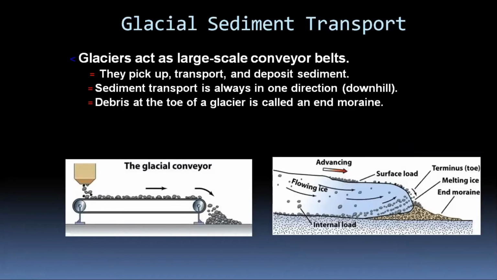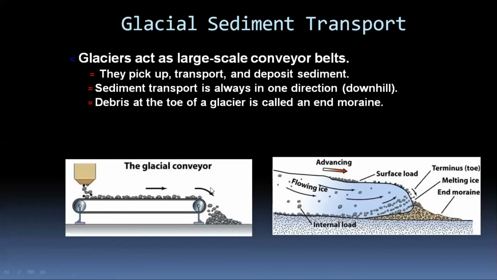Well, glacial sediment transport, you can say, is a large scale conveyor belt, like you are dropping a stone on it, and it carries the stones picked up during plucking, as we have seen in Roche Moutonnée yesterday. What they do is pick up, transport and deposit.